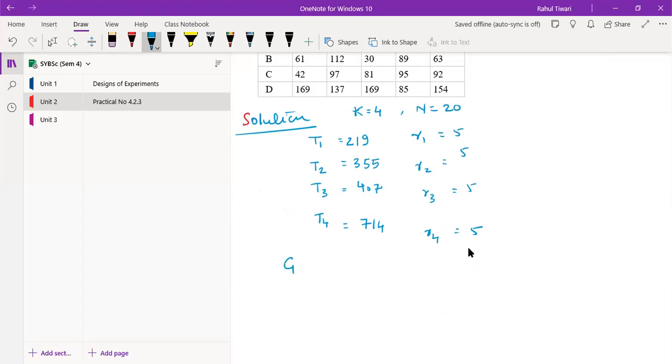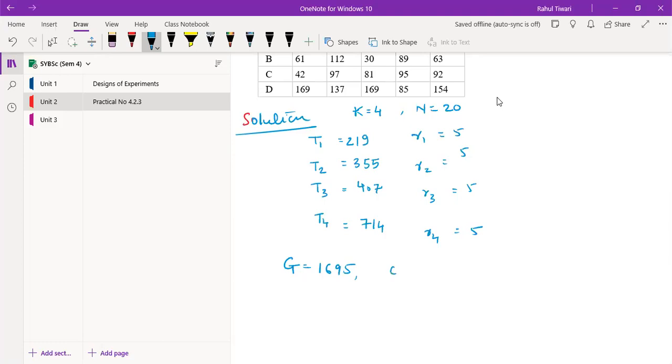So what would be the grand total? Anyone found the grand total? 1695. Let me know the grand total. Sir, 1695. Yeah, correct. So 1695. And once you get the grand total, you can find CF.